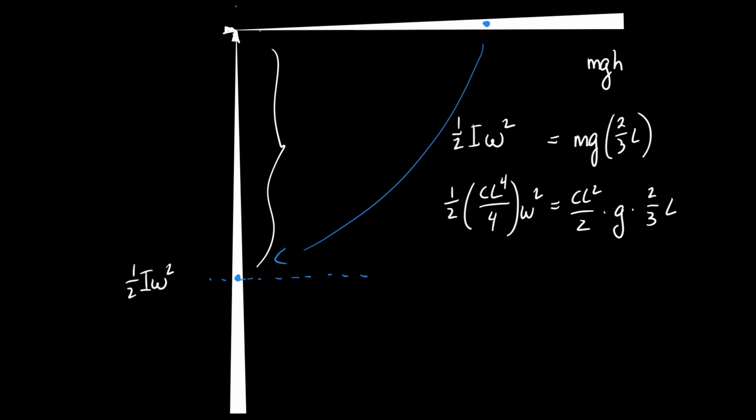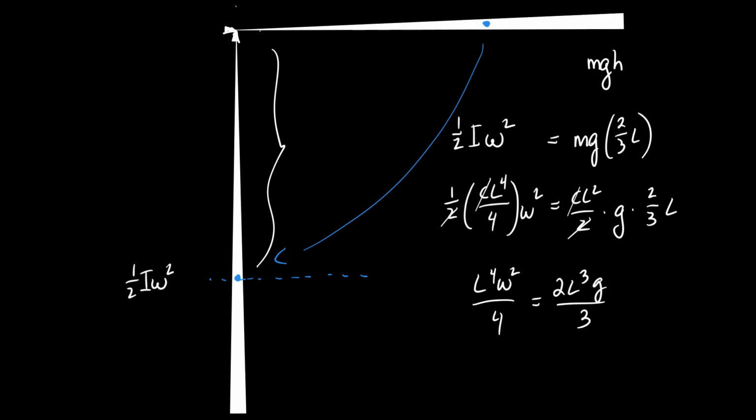Alrighty. I just got to clean this up and solve for omega. So I get rid of the c's. I get rid of a lot of the L's. I have an L cubed on one side and L, maybe for you guys, I should probably do an intermediate step. So L to the fourth omega squared over 4 equals 2L cubed g over 3.